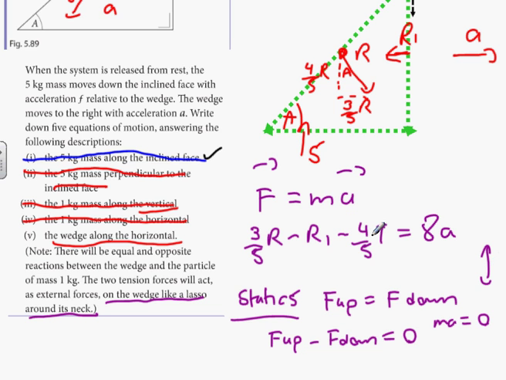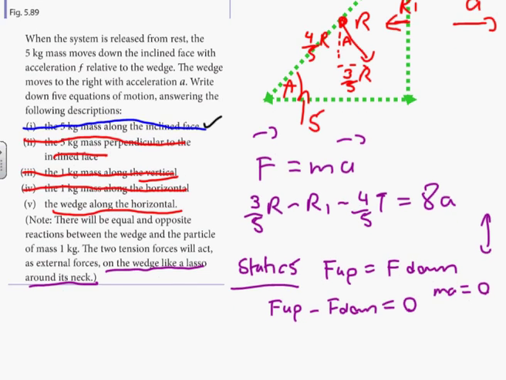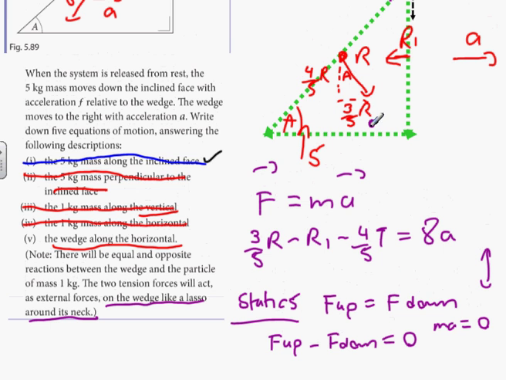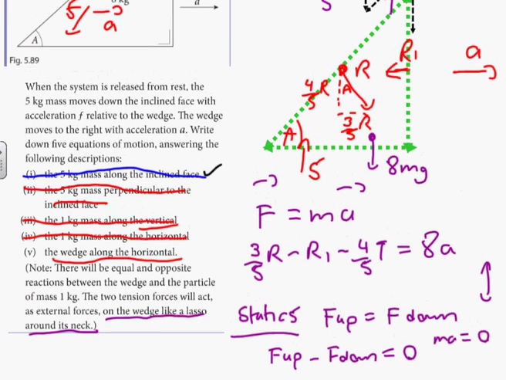Okay? So let's try this one out. What forces go, and we also got to take into consideration, what force here? 8 mg. I'm going to take the weight of the wedge into consideration. Is that alright? Now, what forces are going up?